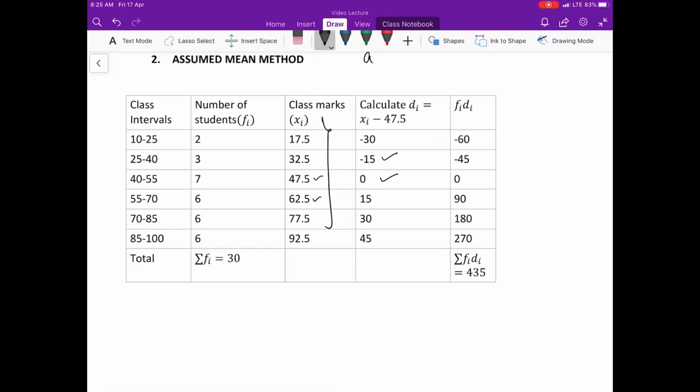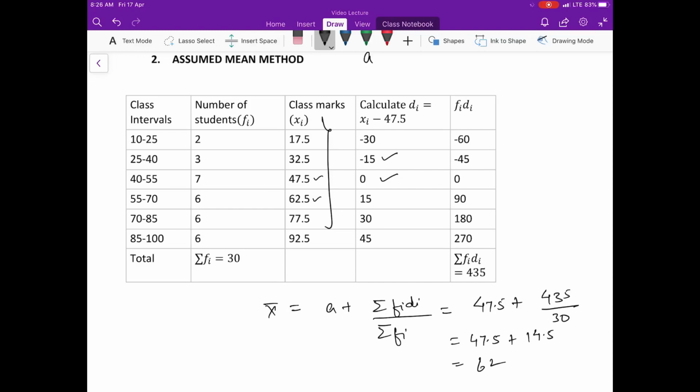Now the formula of the assumed mean method: x bar can be calculated as a plus sigma fi di upon sigma fi, that is equal to 47.5 plus 435 divided by 30, that is equal to 47.5 plus 14.5, that is equal to 62.